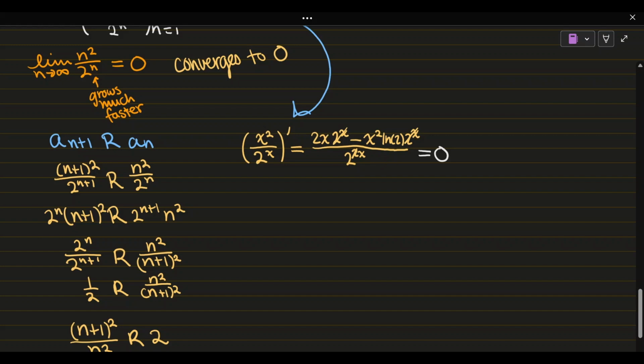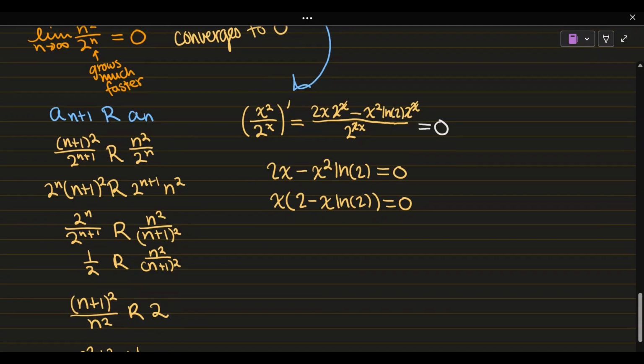And then I care when it's 0, so I only care when the numerator is equal to 0. So that's when 2x minus x squared ln 2 equals 0. I can factor this and get x times 2 minus x ln 2 equals 0. So my options are when x equals 0 or when 2 minus x ln 2 equals 0. That's when x equals 2 over ln 2.